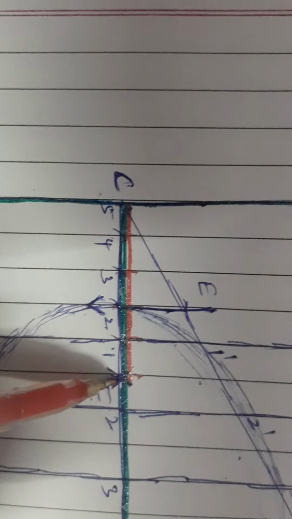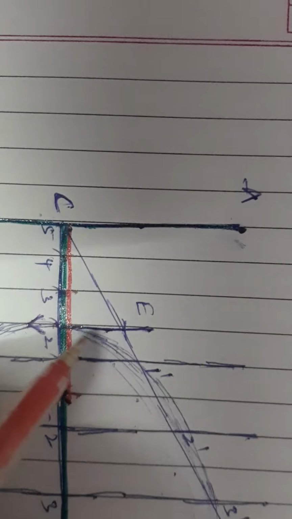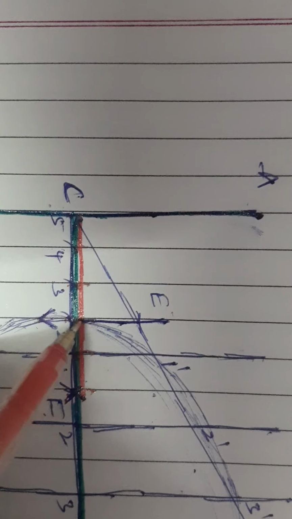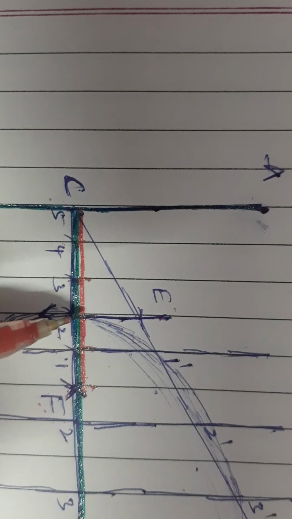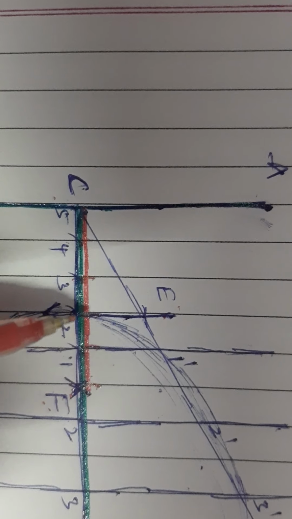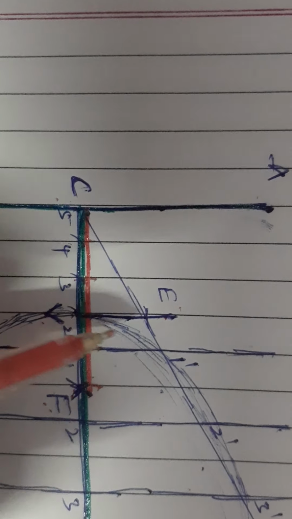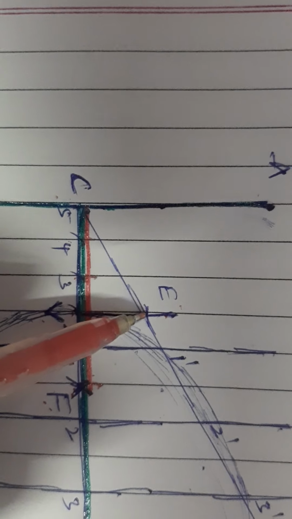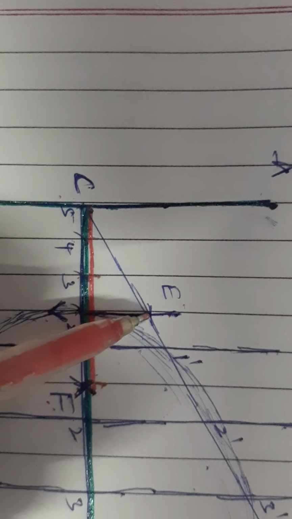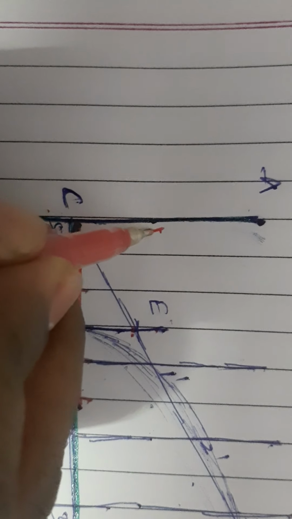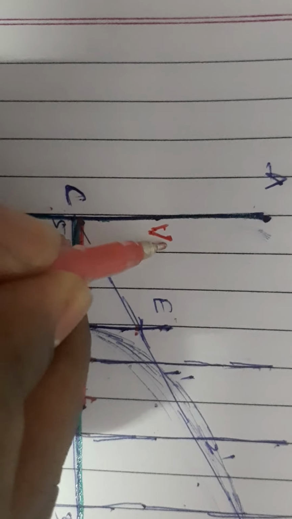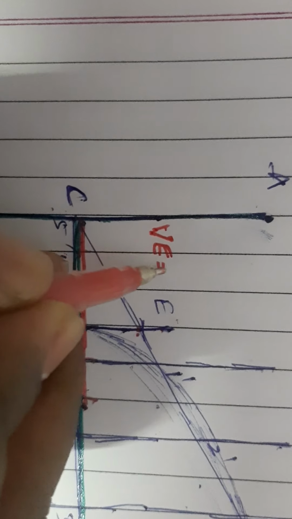Got it? Now it's time to draw the vertical line from vertex V of length equal to VF. From V draw the line of length equal to VF and name the end as E. Here I am writing VE equal to VF.